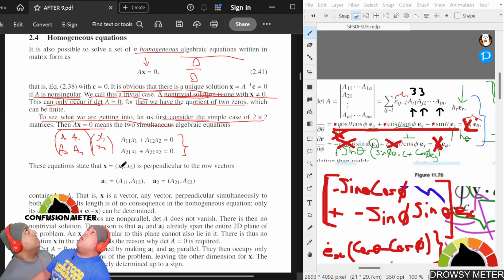These equations state that x equal x1, x2 is perpendicular to the row vectors A11, A12 and A21, A22 contained in A.